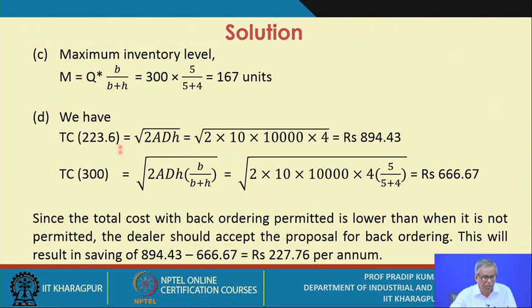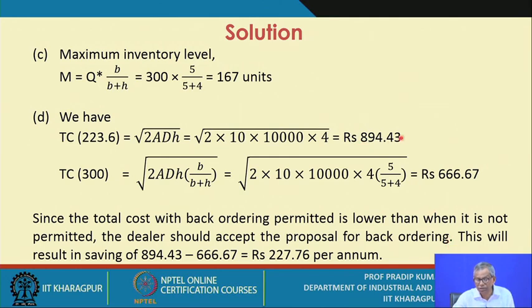We have the expression, and we have the total cost expression when we use economic order quantity, that is this one. When you permit back ordering, order quantity is 300, so corresponding total variable cost is this. And since the total cost with back ordering permitted is lower than when it is not permitted, the dealer should accept the proposal for back ordering.